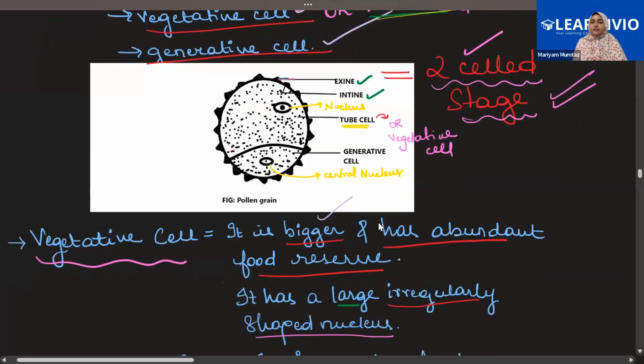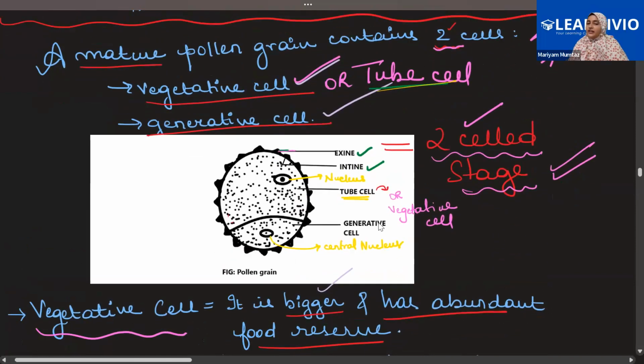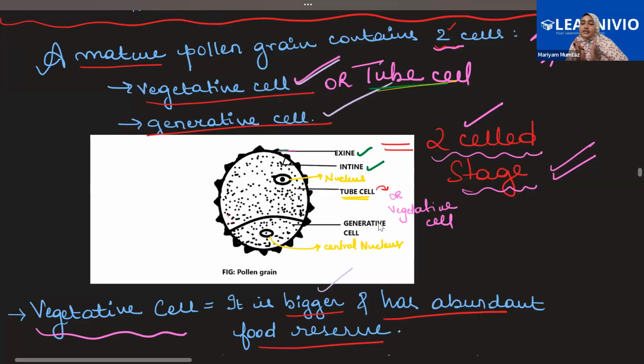Now, what is the structure that I've just explained to you? Pollen grain. What is the outer layer of the pollen grain called? Exine. It is thick, and made up of what?